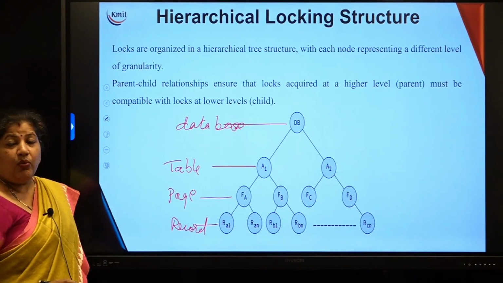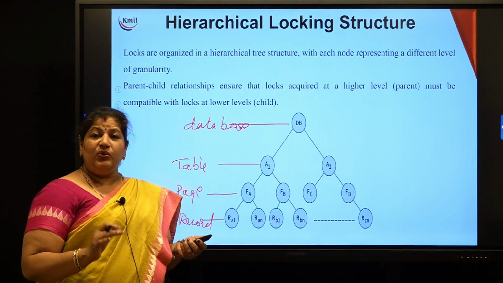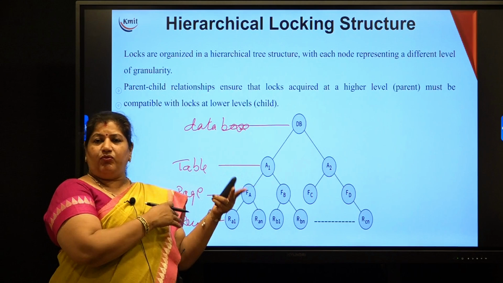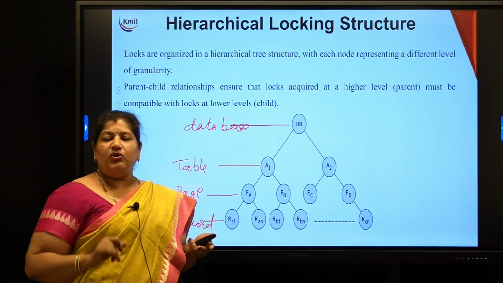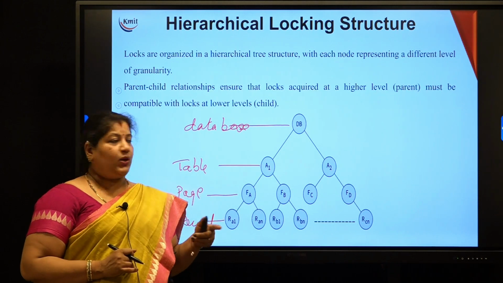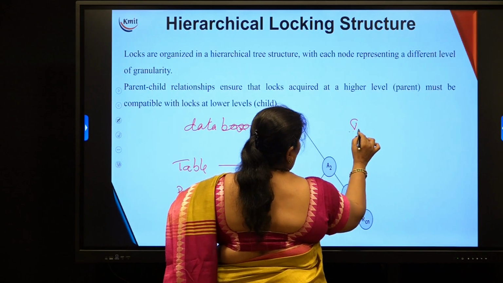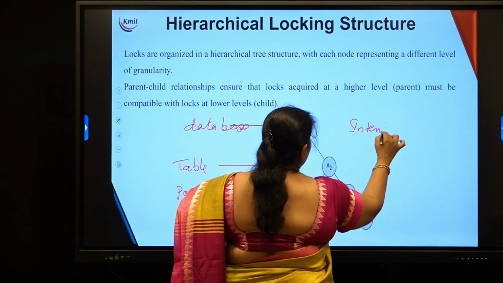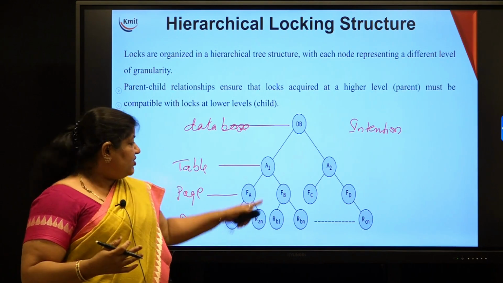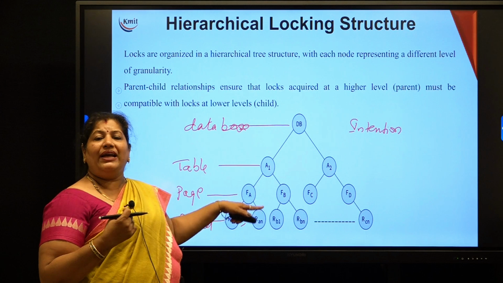Now, when I talk about lock granularity, it introduces additional locks along with those you have already learned, your shared lock and exclusive lock, for reading and read-write operations. Here we call them intention locks. Intention locks are basically just showing their intention to request a lock at the lower level.